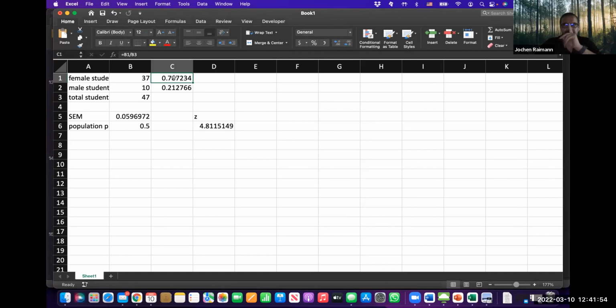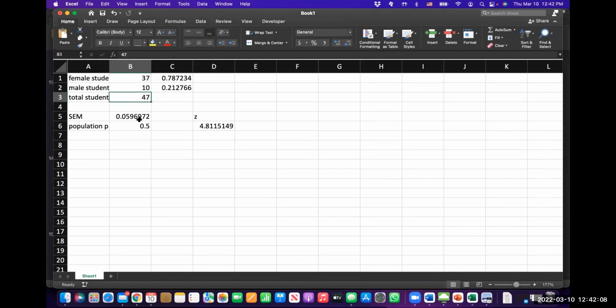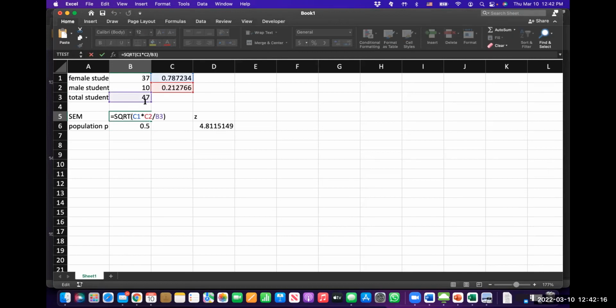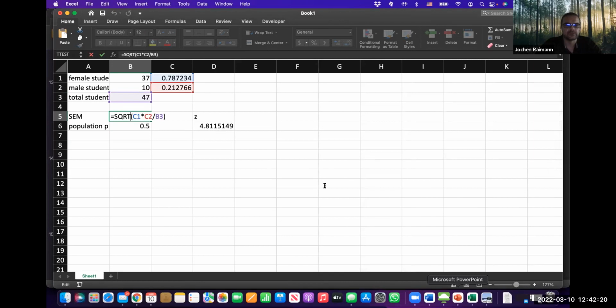Go ahead. It's actually a female student proportion multiplied by a non-female student proportion divided by the n, 47. Mhm. And that square root, look at the formula here. This is SQRT C1 multiplied by C2 divided by B3. Right. This is okay.